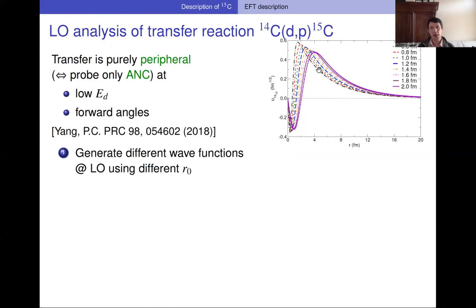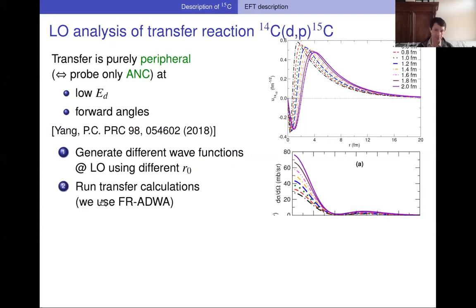And what you see is that it generates a significant amount of different wave functions with which you can perform these transfer reactions. And that's what he did. He ran the finite range adiabatic distorted wave approximation, Johnson and Tandy. And here is the transfer cross-section as a function of the angle. What you see is that at very forward angles, you have a large sensitivity, and the curves order exactly in the same way as the square of the ANC.